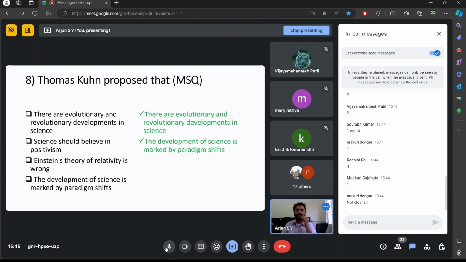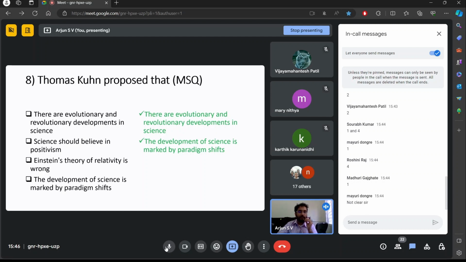Sorry, I have a bad cough. So these revolutionary scientists, when science starts saturating, try to think outside of the box and bring a very large increment to the existing scientific knowledge. These are the two different categories in science. And the development of science is always marked by paradigm shifts. Paradigm shift is a major characteristic of revolutionary science.